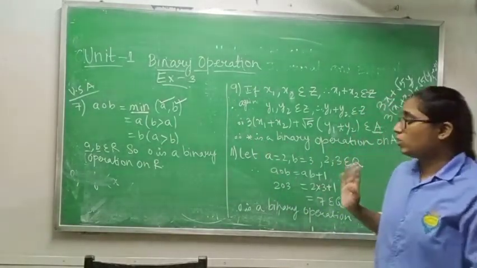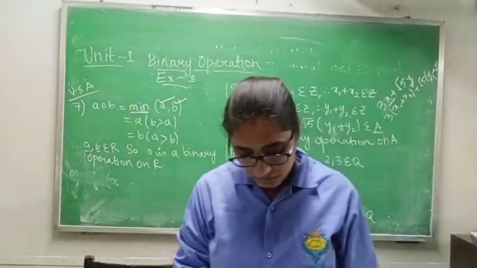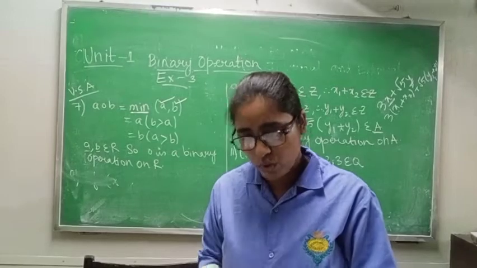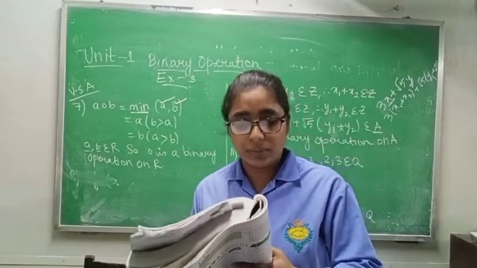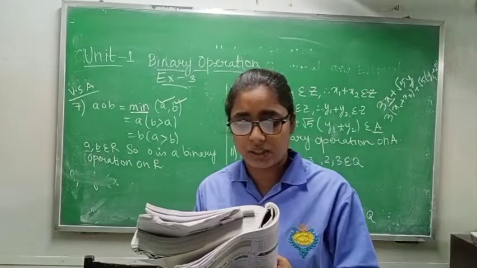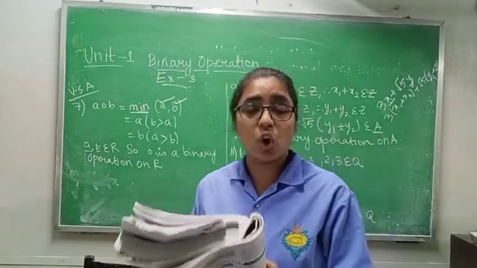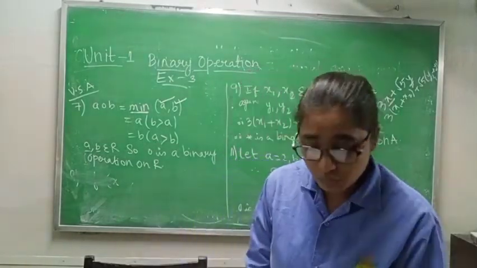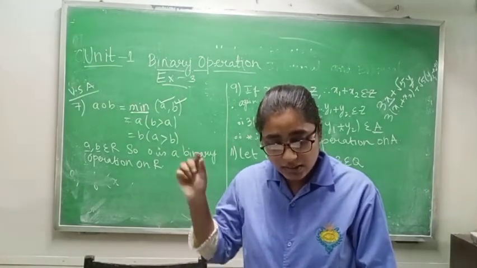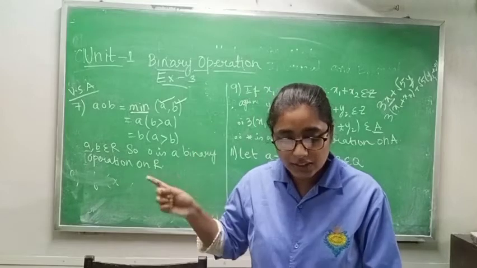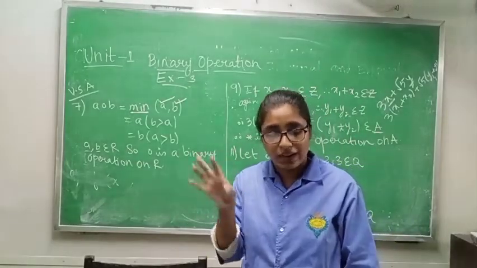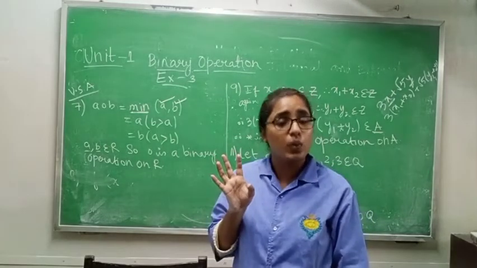Understood? Now come to question number 11. It is written: prove that the operation circle on Q, the set of rational numbers, defined by A circle B equals AB plus 1, is a binary operation on Q. You have to prove that A circle B equals AB plus 1, and here circle is a binary operation on Q, and Q is nothing but the set of rational numbers; it is already written in the question.